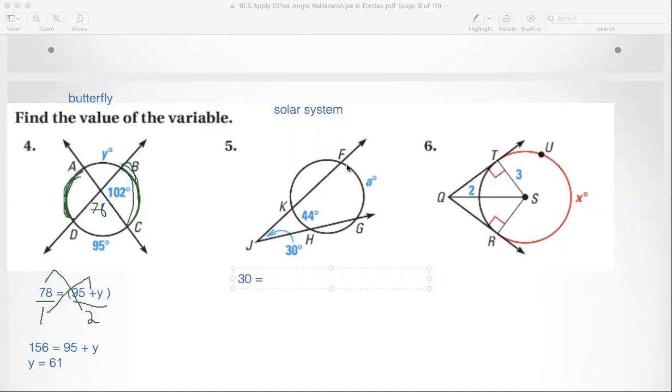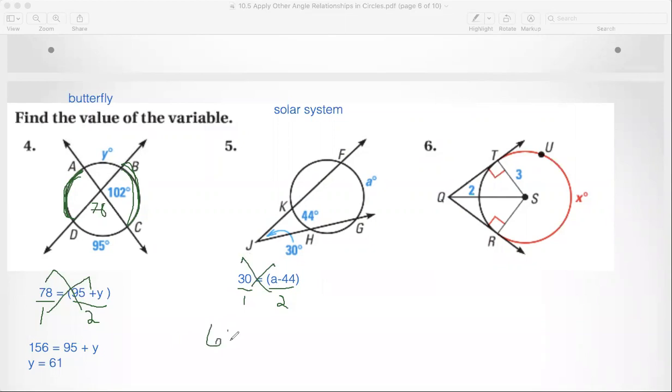So your big arc is A, because it's further away from this angle, so it'd be A minus 44, and then all divided by 2. All right, so it's very similar to the butterfly, it's just a minus instead of a plus. Okay, at this point, then I would cross multiply.